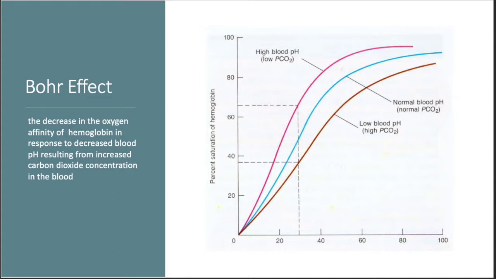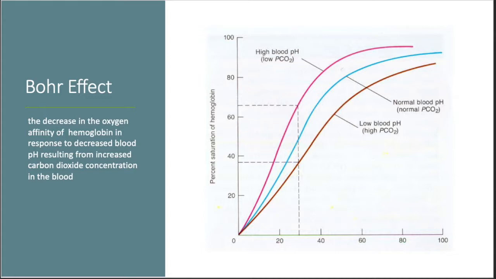So the Bohr effect allows for enhanced unloading of oxygen in metabolically active peripheral tissues, something like maybe skeletal muscle. Increased skeletal muscle activity, like when you're exercising, results in localized increases in the partial pressure of carbon dioxide, which in turn reduces the local blood pH.